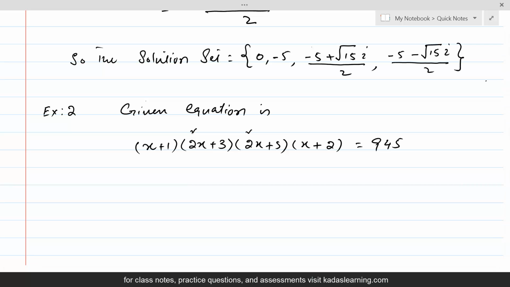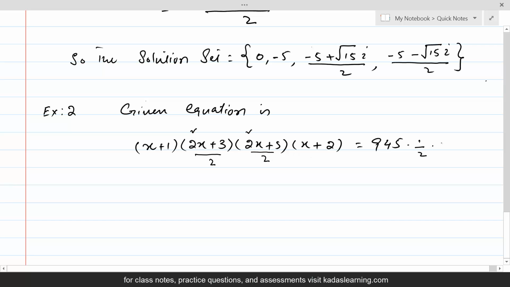In order to get rid of this coefficient 2 here and 2 on the other side, let us divide both sides by 4. We divide this factor by 2, and here we divide again by 2.